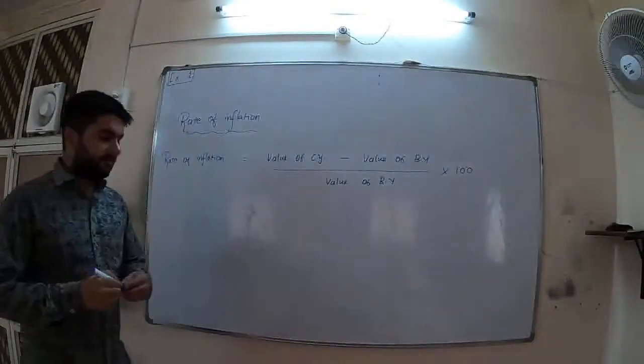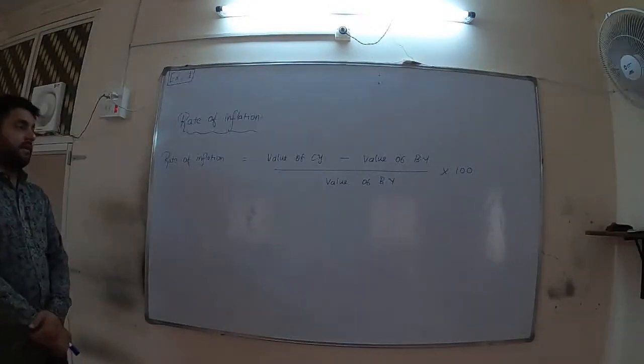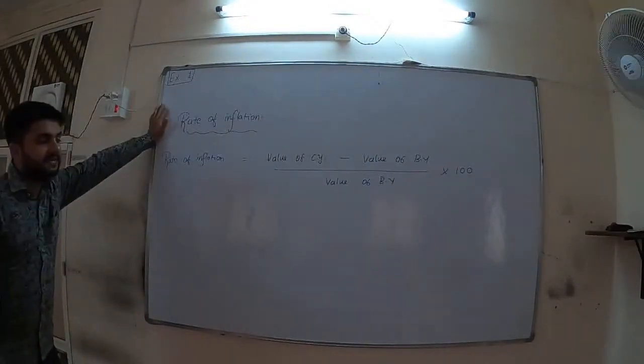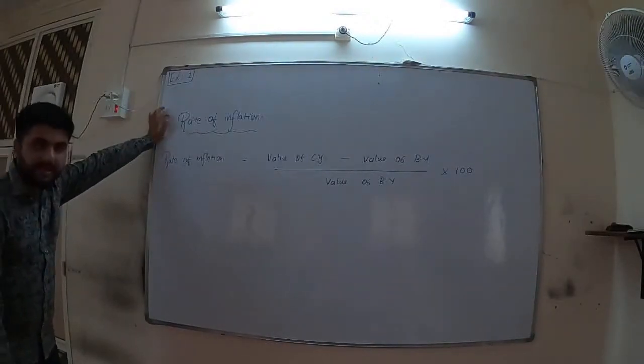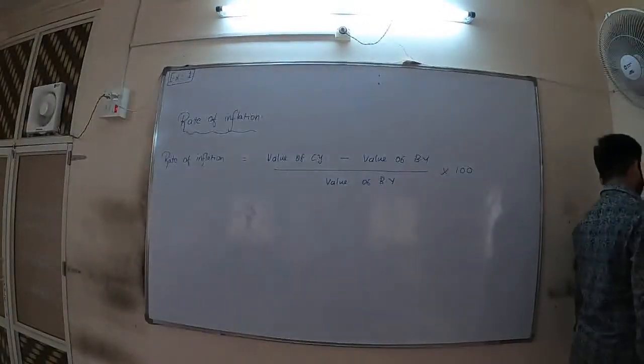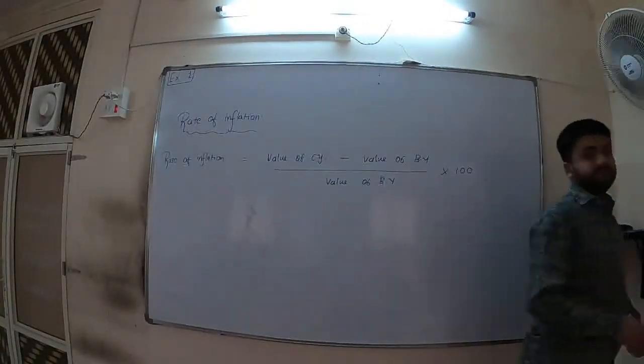Write down this formula, everyone. Rate of inflation is equal to value of current year minus value of base year divided by value of base year multiply 100. And we have only a single sum for it, in section C, sum 9.